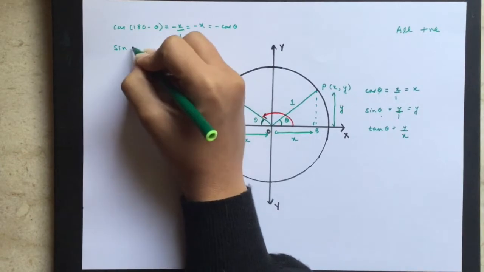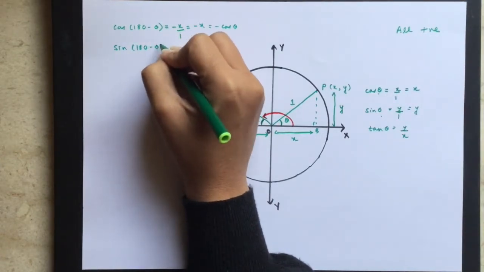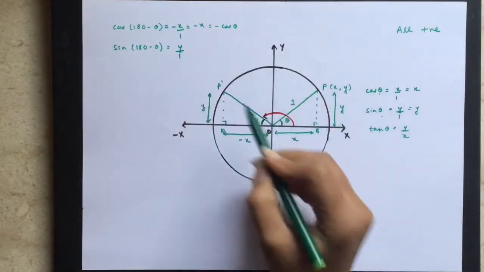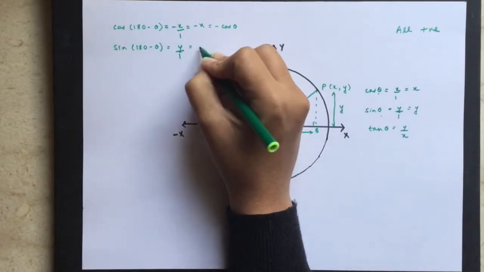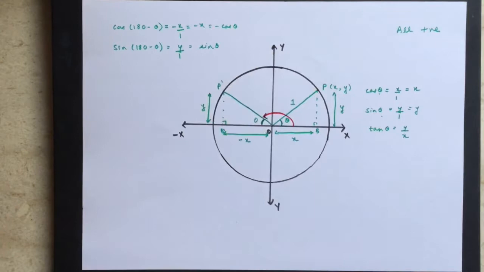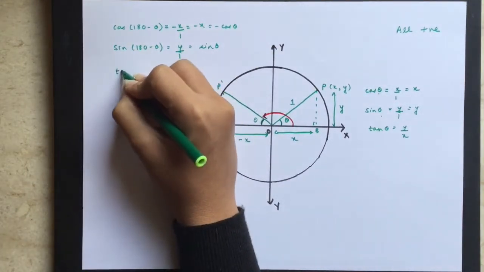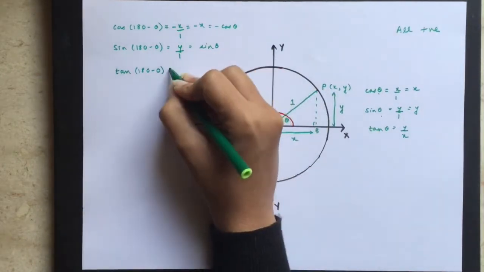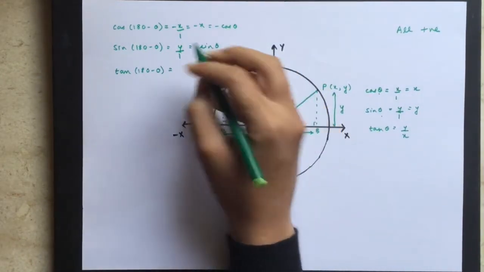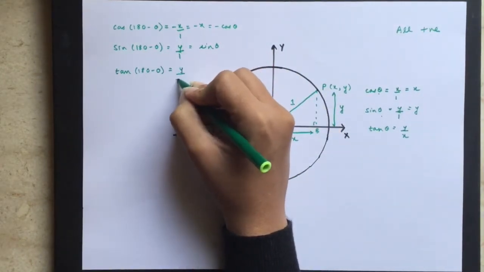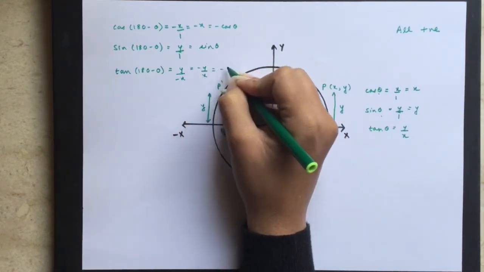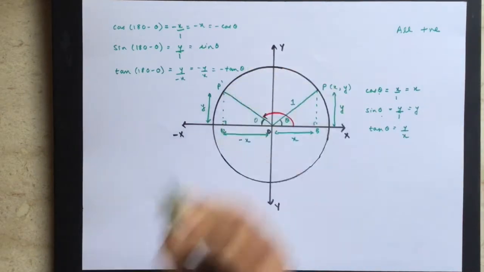Similarly, sine of 180 minus theta becomes y over 1 because y is still positive, which is equal to sine theta. And finally, tan of 180 minus theta is equal to their ratio, which becomes y by minus x, which is equal to minus y by x or minus tan theta.